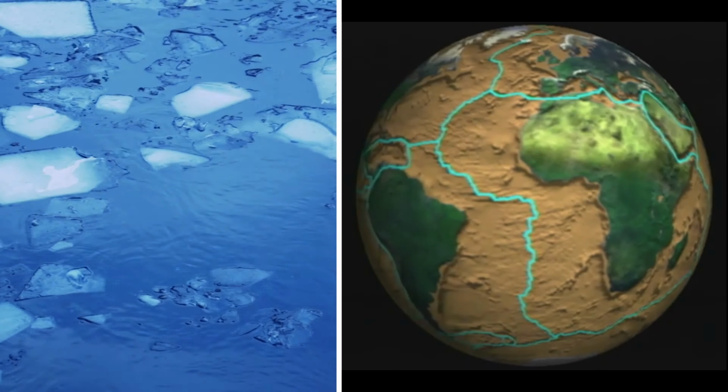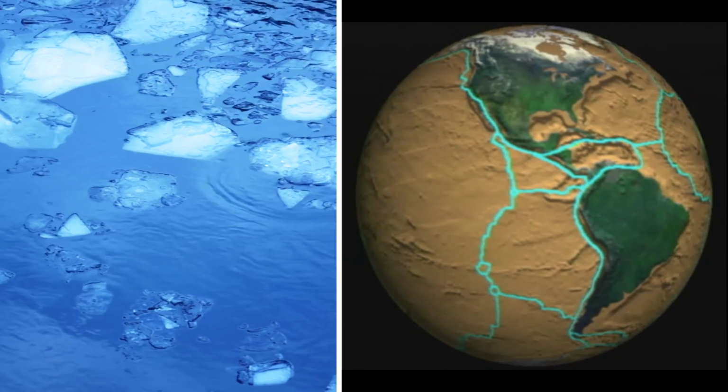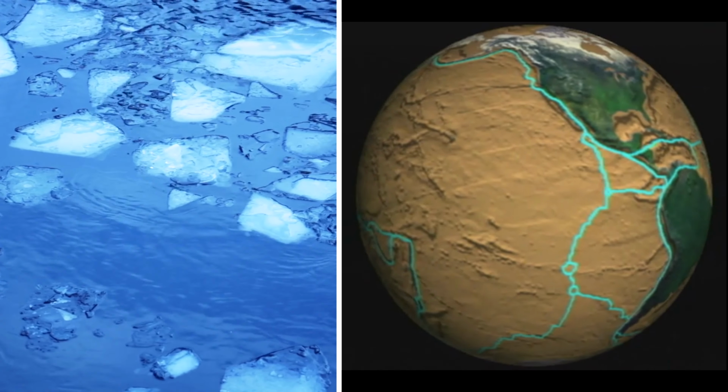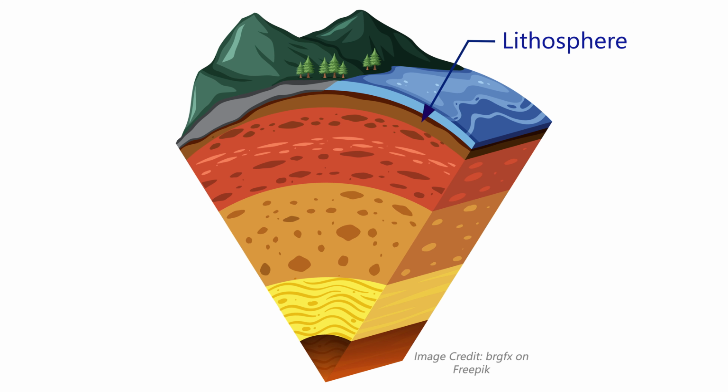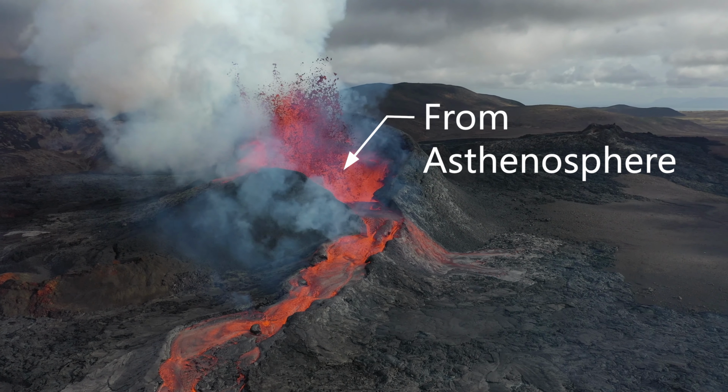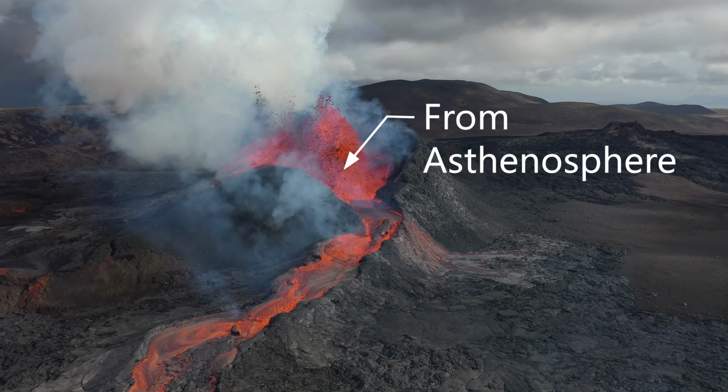So, how exactly are the tectonic plates similar to our sheets of ice floating over water? The answer lies in what is below the rocky lithosphere shell. The thin plates of the lithosphere sit on a soft and viscous layer of semi-molten rock called the asthenosphere. This is the same stuff we see spewed as lava from volcanoes.